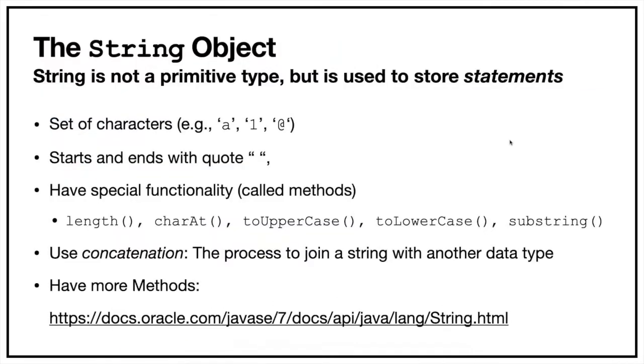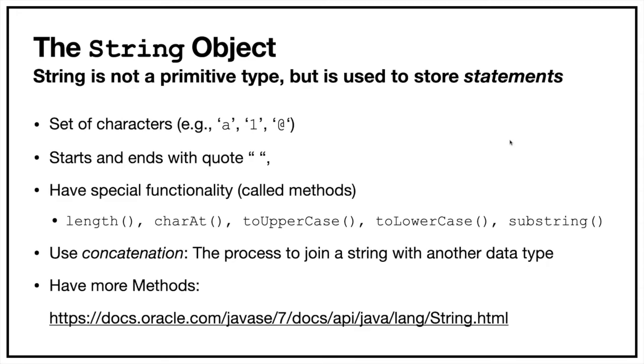So string is not a primitive type, but it's used to store statements, like long statements, maybe just a single character, but maybe multiple characters. So it starts with the double quotes, and that will basically identify that we're working with strings.